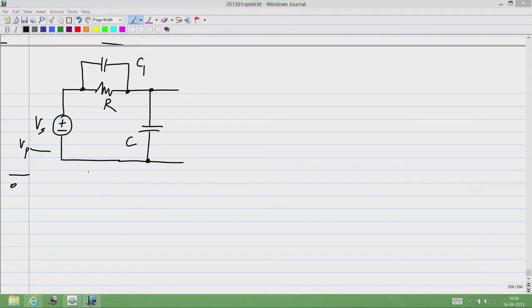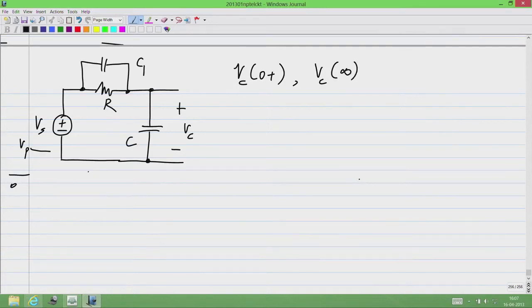So, Vs jumps from 0 to Vp, and let us say I am interested in this voltage Vc, the voltage across the capacitor C. What I would like to know is how to go about finding this. As usual, I need to find Vc of 0 plus, that is just after the step is applied, Vc of infinity, that is after an infinitely long time, and the time constant tau. We have to find all these three, but first let us start with Vc of 0 plus.